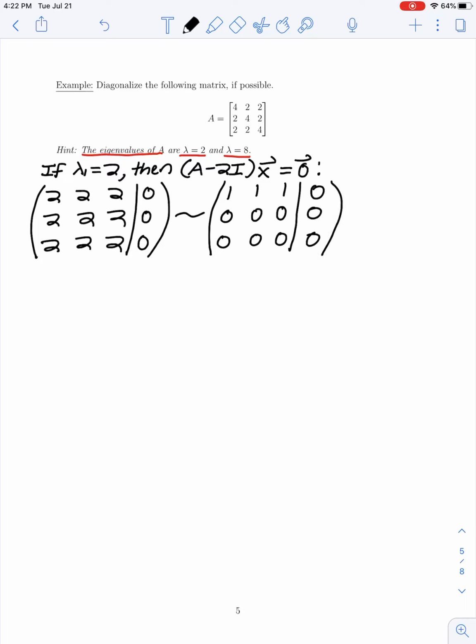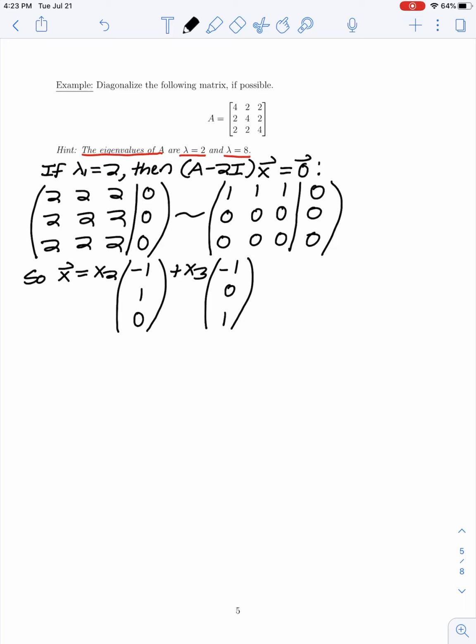So we see that here x2 and x3, the second and third components of an eigenvector, are free variables. And from our first row of this augmented matrix, x1 is negative x2 minus x3. So in summary, an eigenvector x would have the form x2 times the vector (-1, 1, 0) plus x3 times (-1, 0, 1).